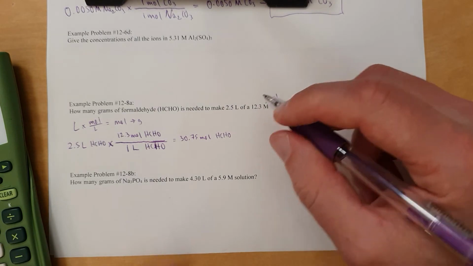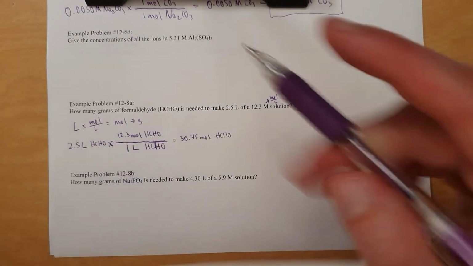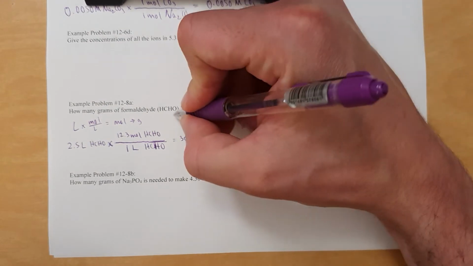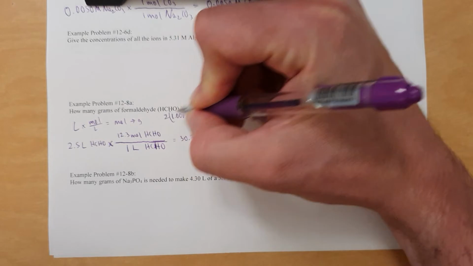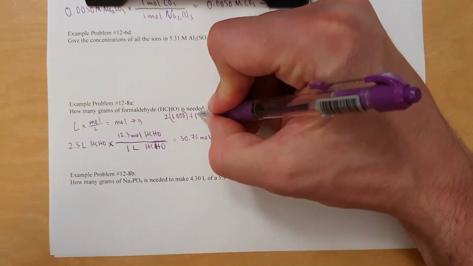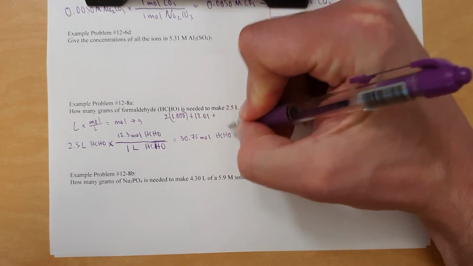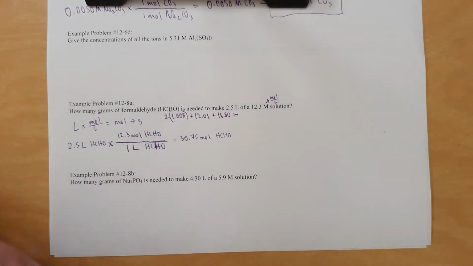HCHO, and then what's the molar mass of that so that we can turn that into grams? Well, there's 2 hydrogens. Hydrogen is 1.008, times that by 2, plus carbon, which is 12.01, plus oxygen, which is 16.00. And what does that add up to?